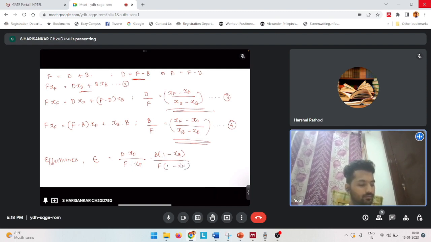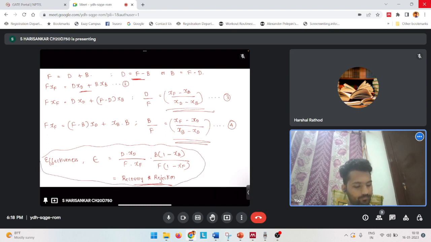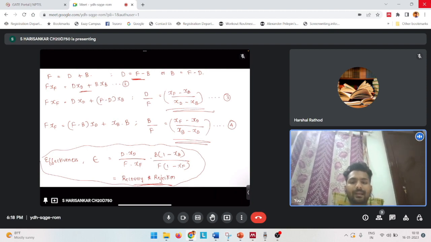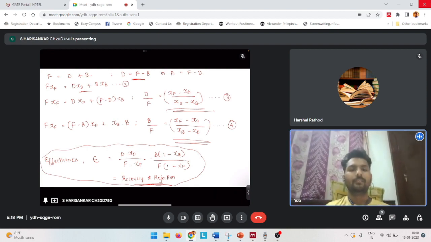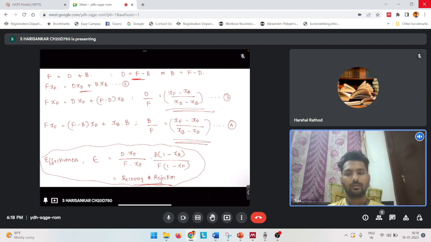You can say the first term is called recovery and the second term is called rejection. So this is the general equation for the effectiveness of a screen. Now we can elaborate this equation using the mass balance, equations 3 and 4, but this is the basic equation for the effectiveness of a screen.